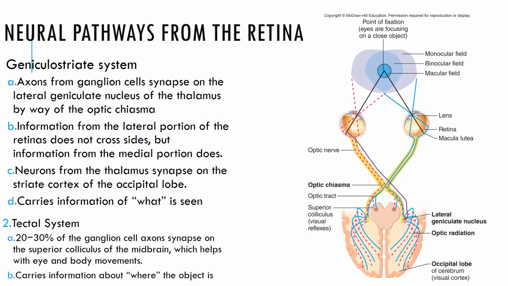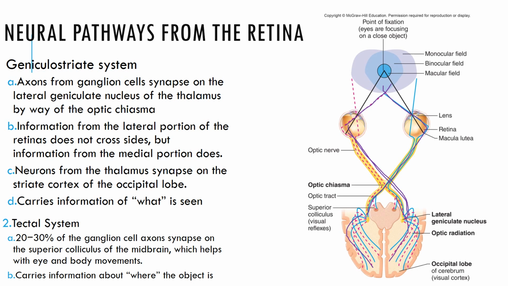The information from the lateral portion of the retina does not cross sides, but the information from the medial portion does. The medial portion of our eyes is what actually crosses over to the opposite side. The neurons from the thalamus then synapse on the striate cortex of the occipital lobe, and this is what we see as what is being seen.